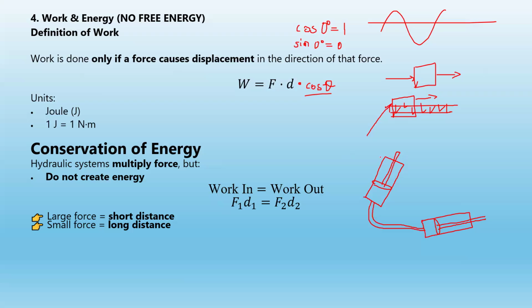Now, when you apply force on this rod, it's going to make that cylinder go that way. There is no angle between these two. It's just going to cause that one to push out. Does it mean that we have the angle between these two? Because that vector is pointing this way, and that vector is pointing that way.